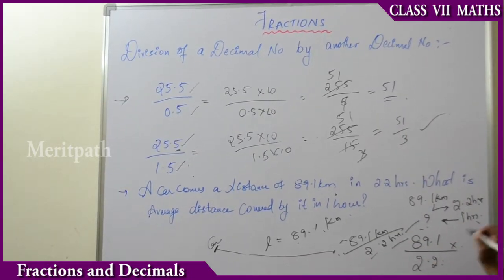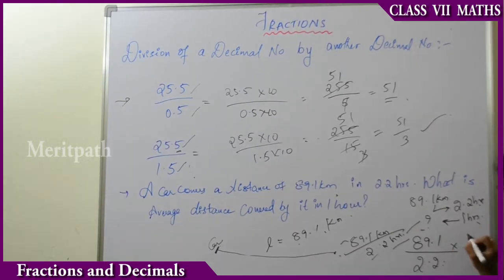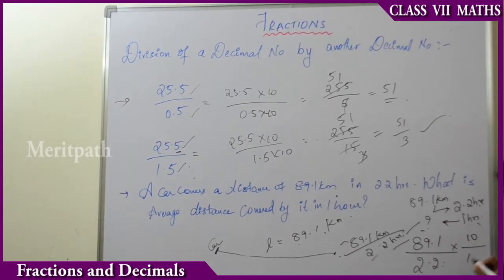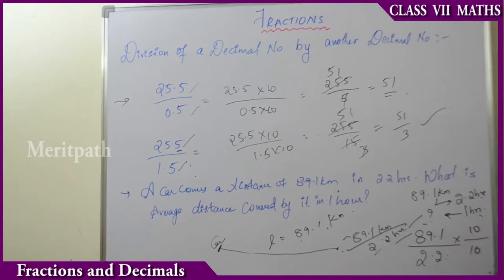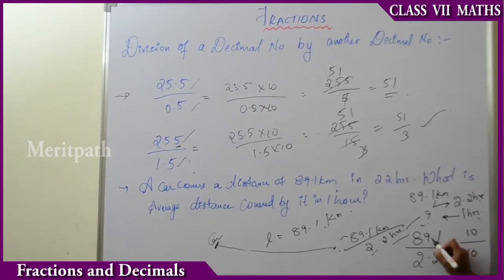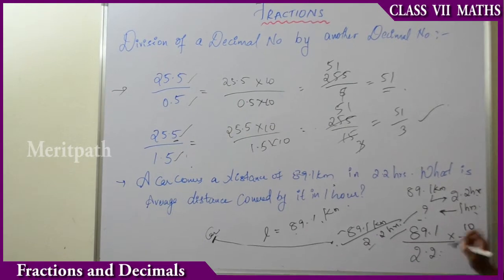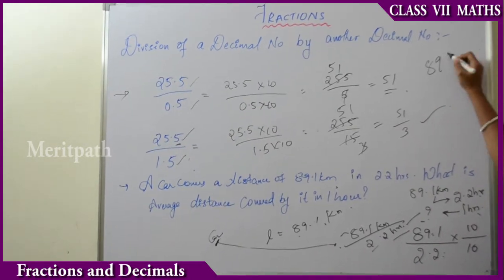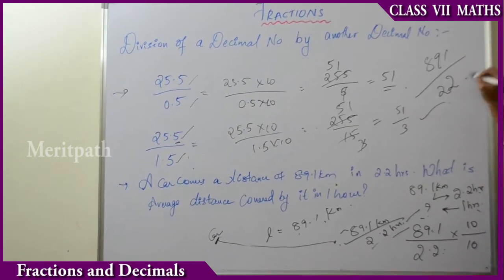Here I will be multiplying the numerator and the denominator with 10 in order to eliminate the decimal point. So we will be getting 891 divided by 22.